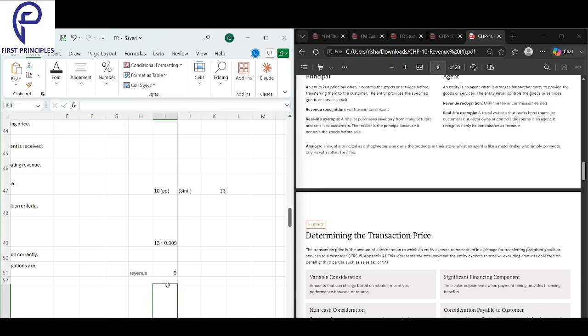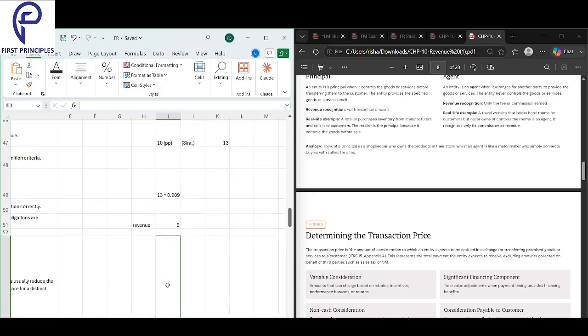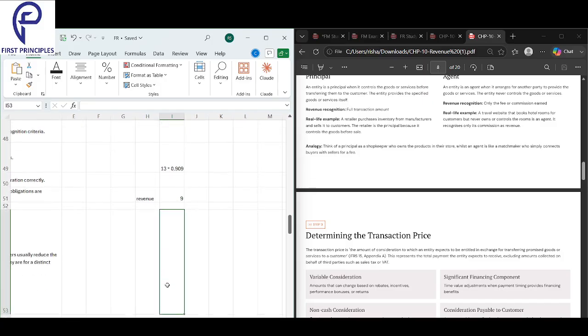Now, as time is passing by, 1 year has passed by, right? You were supposed to pay after 1 year. So as time passes by, you will increase your revenue, and towards the end you will make your revenue 13. But over the course of the period, this 9 becoming 13, you will recognize as interest income.